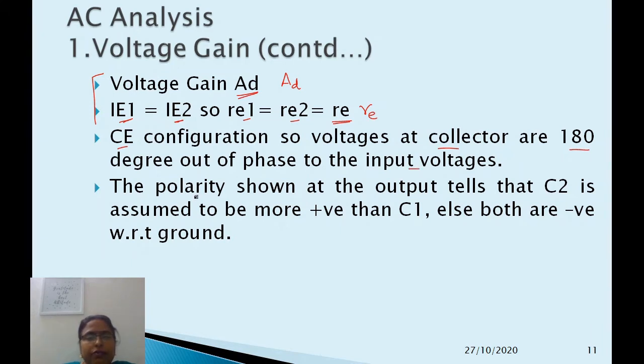Also we have to check the polarity of the output. Generally we assume that C2 is more positive as compared to C1, because we are taking V0 equal to C2 minus C1. Otherwise both C1 and C2 are negative with respect to ground.